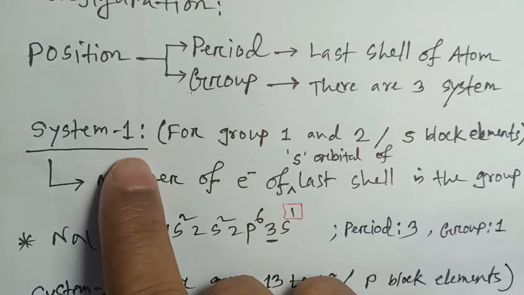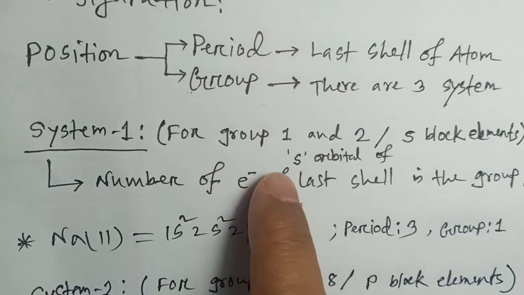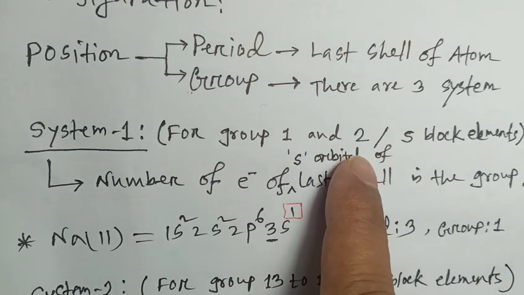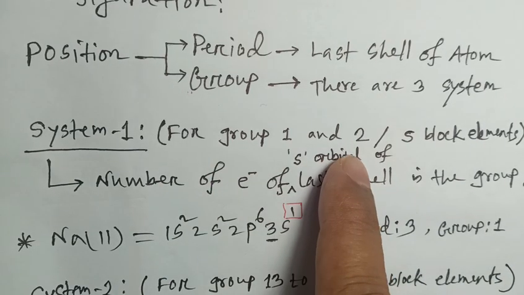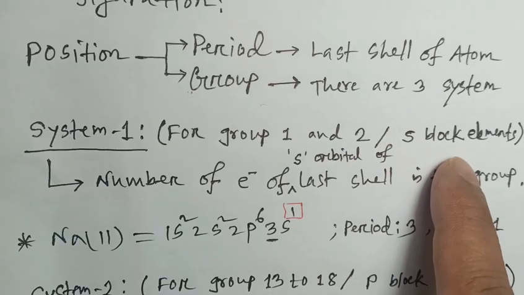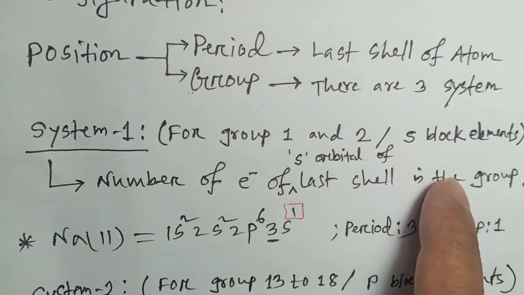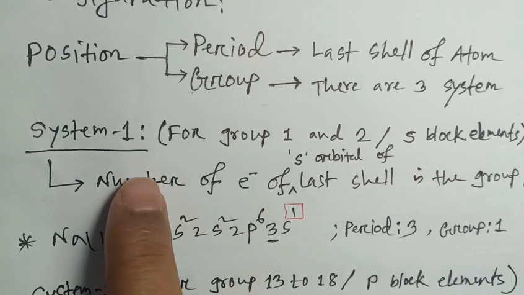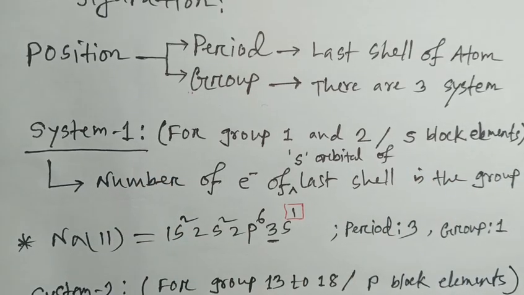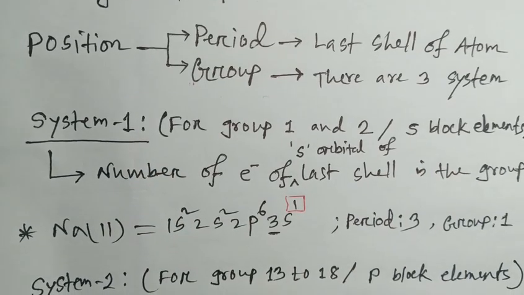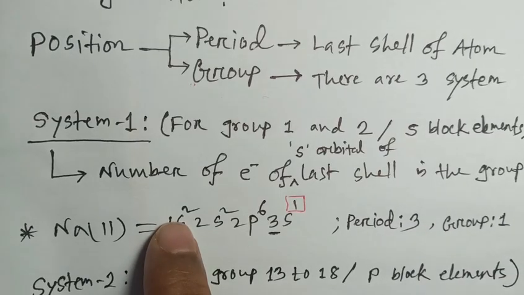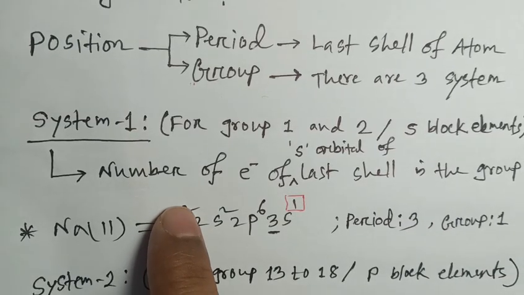System 1 is applicable for group 1 and 2 elements, and group 1 and 2 elements are called S block elements because the last electron is in the S orbital of these elements. So what is the rule to identify the group of S block elements?